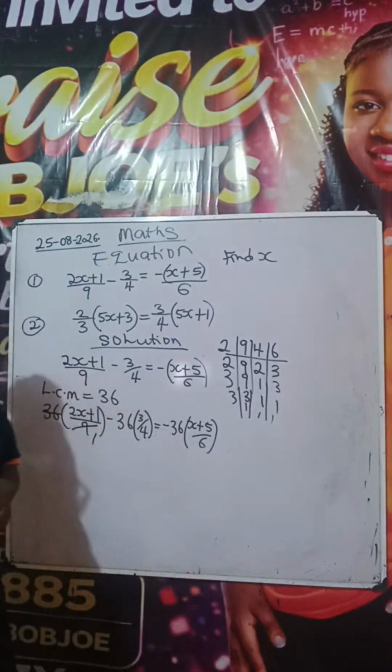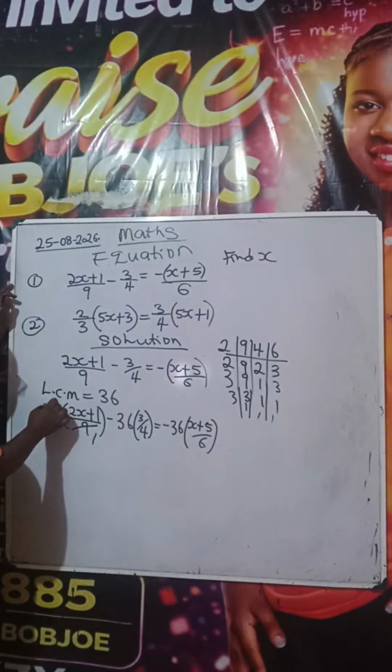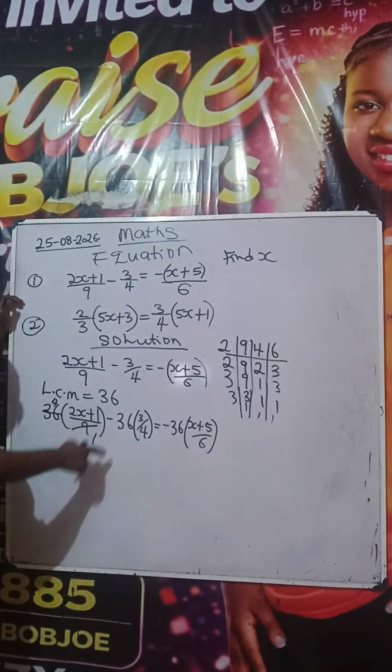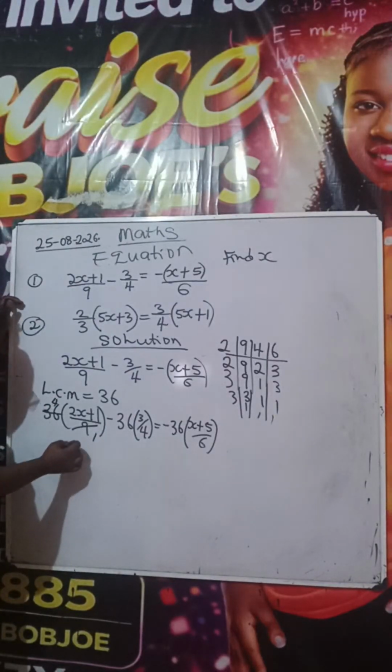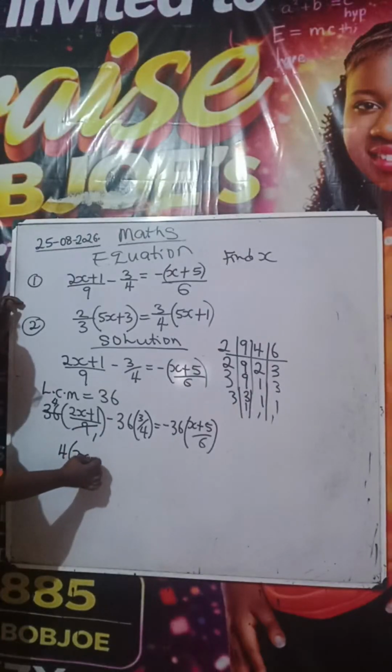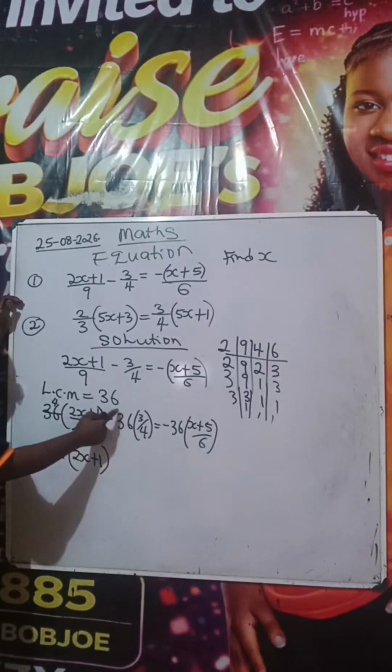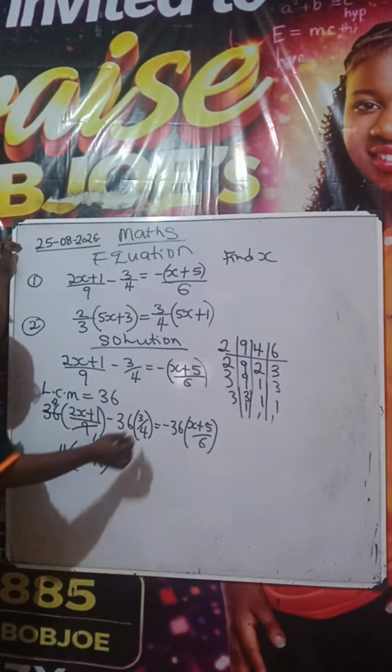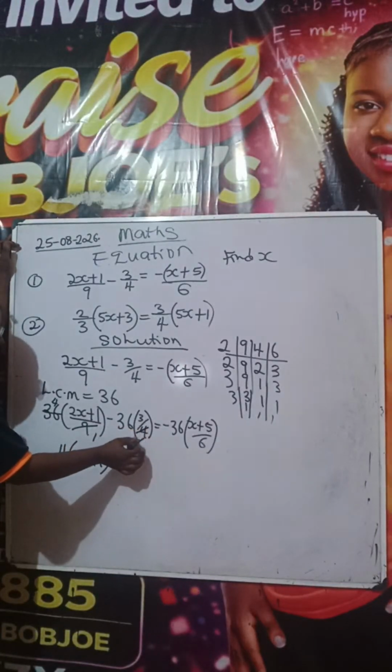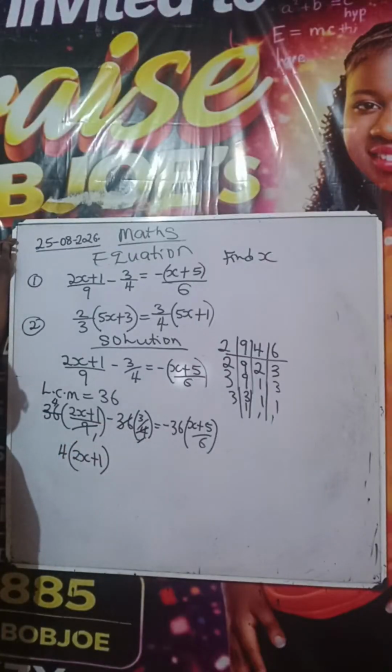So I'll write the 4 here. Now use the 4 to times this. So we have 4 multiplying 2x plus 1, close it. Then use the 4 to divide 36. 4 divide itself 1.